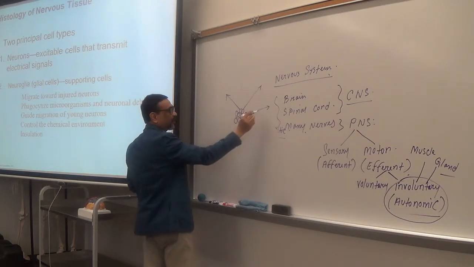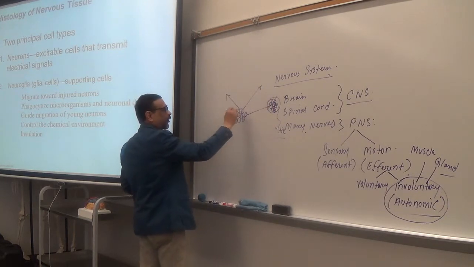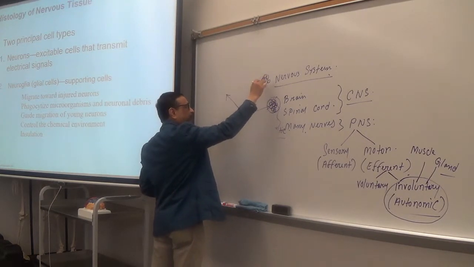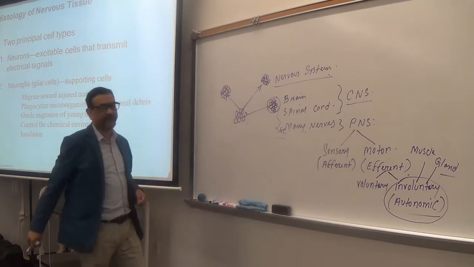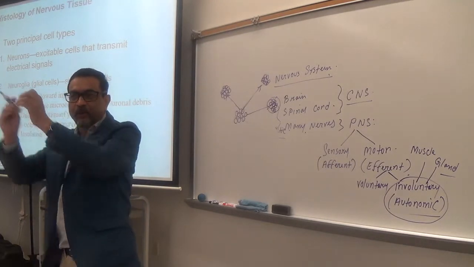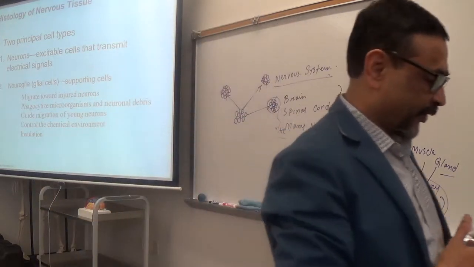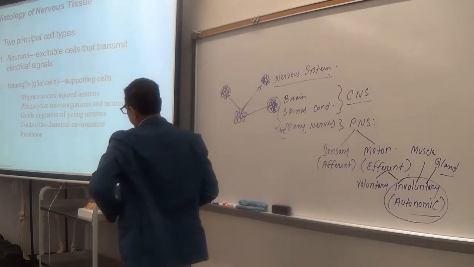Like we'll tell this neuron, you go there and then multiply to form this part of the brain. And we'll tell another neuron, you go that way and multiply there to form another part of the brain. Okay? So, that happens more during the growth of the brain, formation of the brain. Small number of cells, right? Then they need to go to different directions to form different parts of the nervous system. So, that is another function, guiding the migration of young neurons.